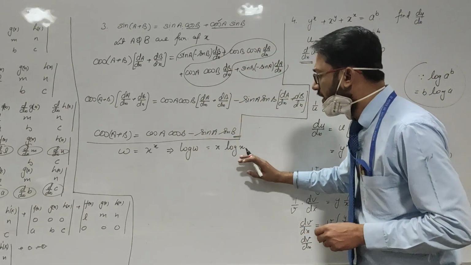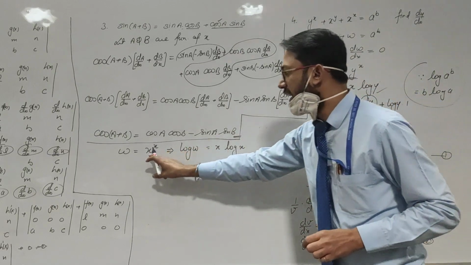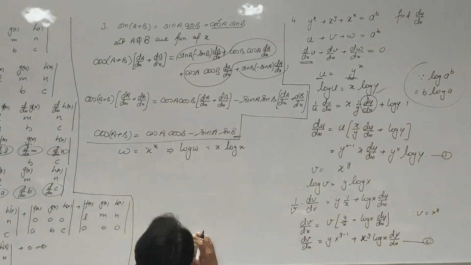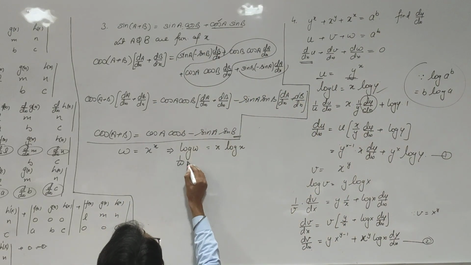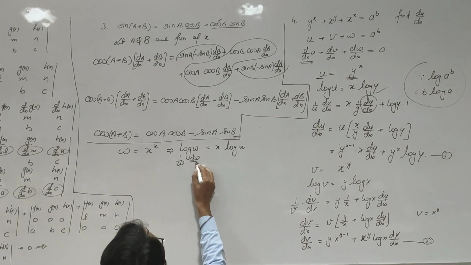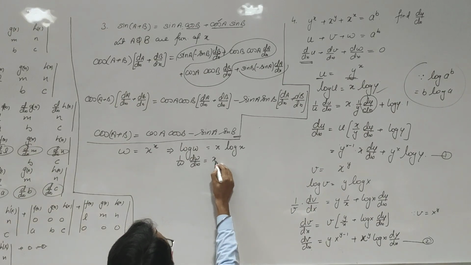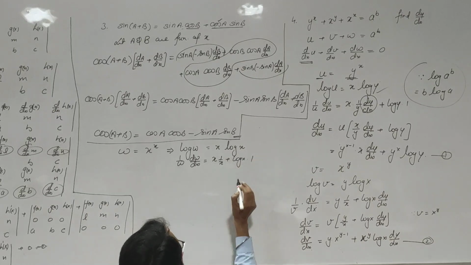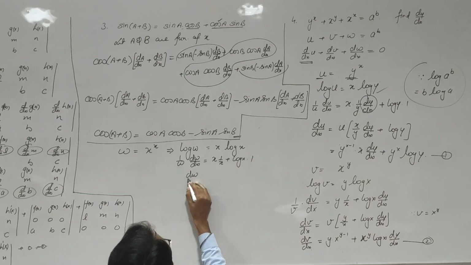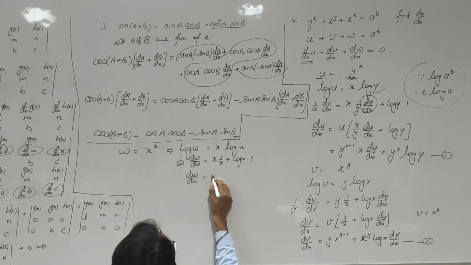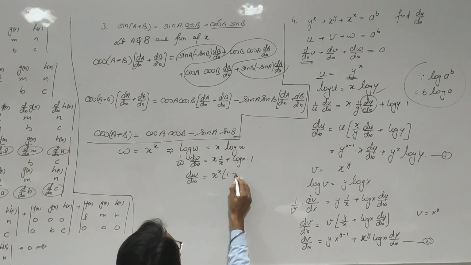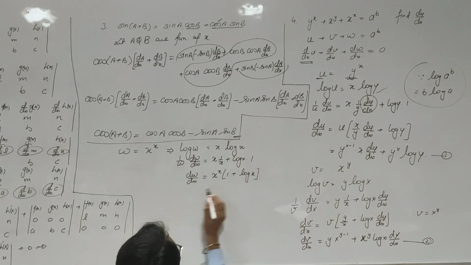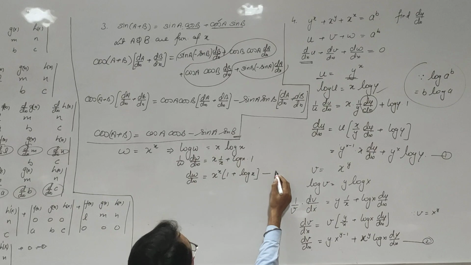Try to remember this particular differentiation of x to the power x, because directly we could use this. So 1 upon w, then dw upon dx is equal to first function times differentiation of second plus second function times differentiation of first. So dw on dx is equal to w, that is x to the power x, times 1 plus log x. These are the three things which were required.